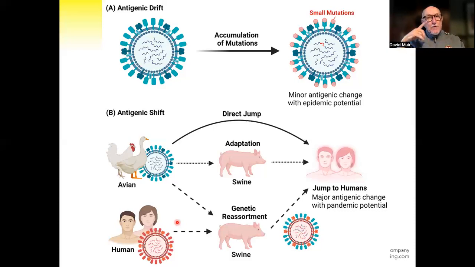As the virus moves through the population, it accumulates mutations in its genome. Those mutations tend to impact the outside proteins, the H and the N proteins, and they produce very small changes in those. But those small changes in H and N proteins are enough that the immune system, which learned about an older virus from last year, let's say, is unable to recognize the new virus when it comes through.